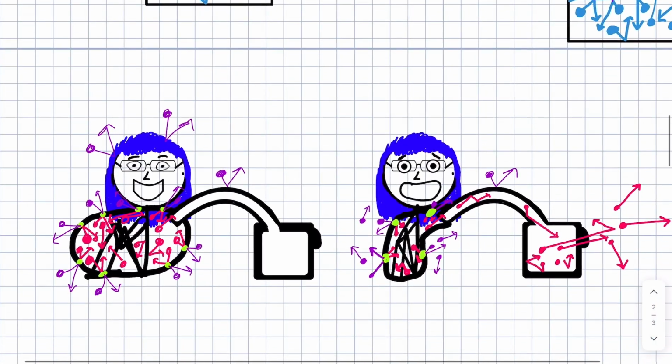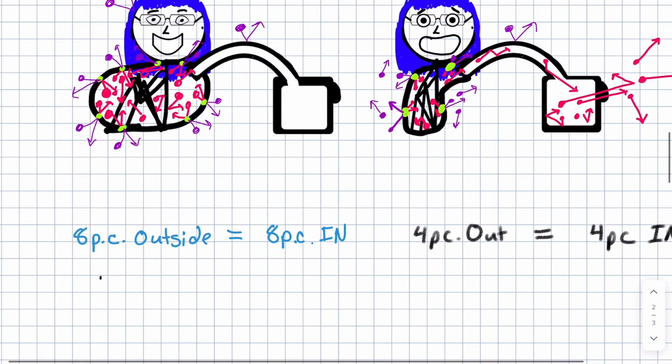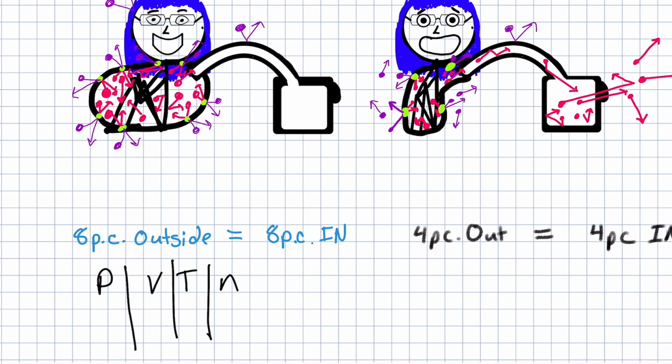That's the exact opposite of what happened here. In my PVTN chart, my number decreased, my temperature remained the same, and the volume decreased, so that pressure inside and outside the system could remain constant.